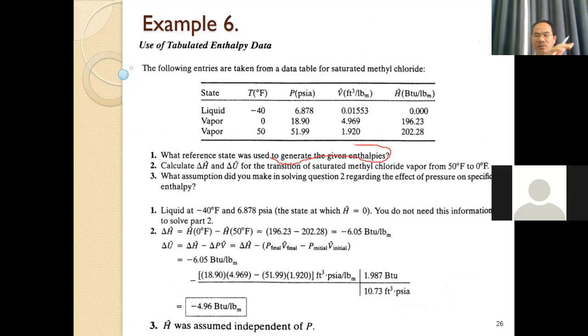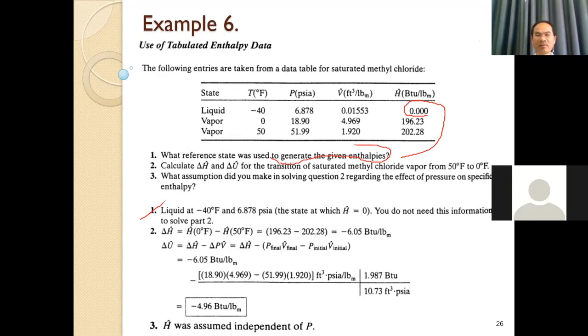As I told you in the previous slide, at the reference state enthalpy equals 0. For question 1, you can conclude that -40 Fahrenheit and 6.878 PSIA is the reference state, because enthalpy equals 0.